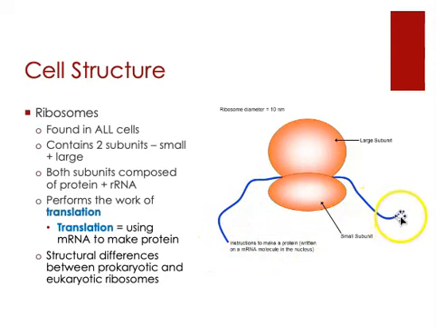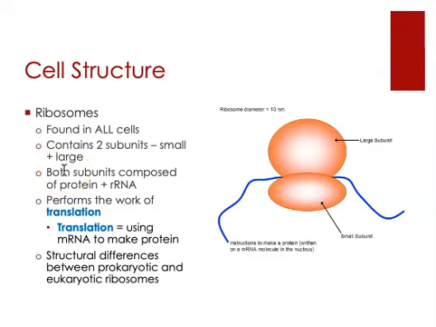This ribosome, the way it's drawn, has two subunits, and all ribosomes have two subunits in them. They have a large subunit and a small subunit. Both subunits of a ribosome contain protein and another type of RNA called rRNA.